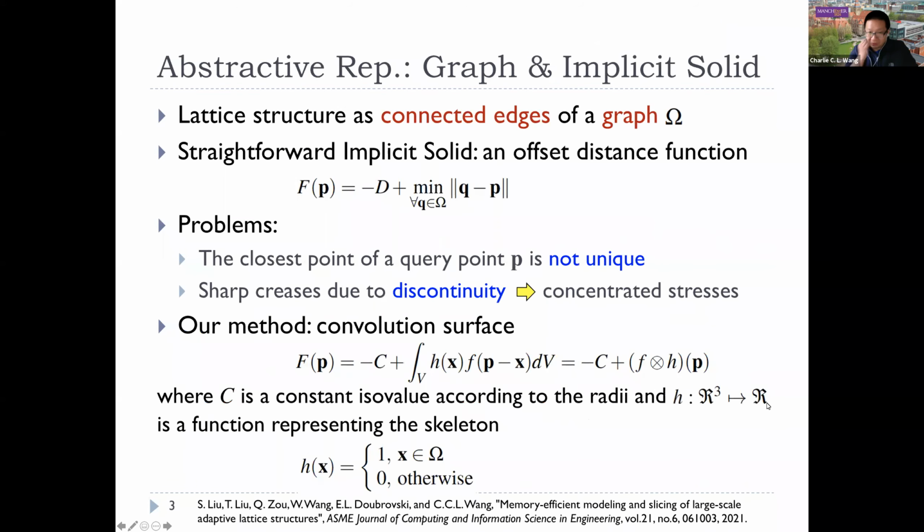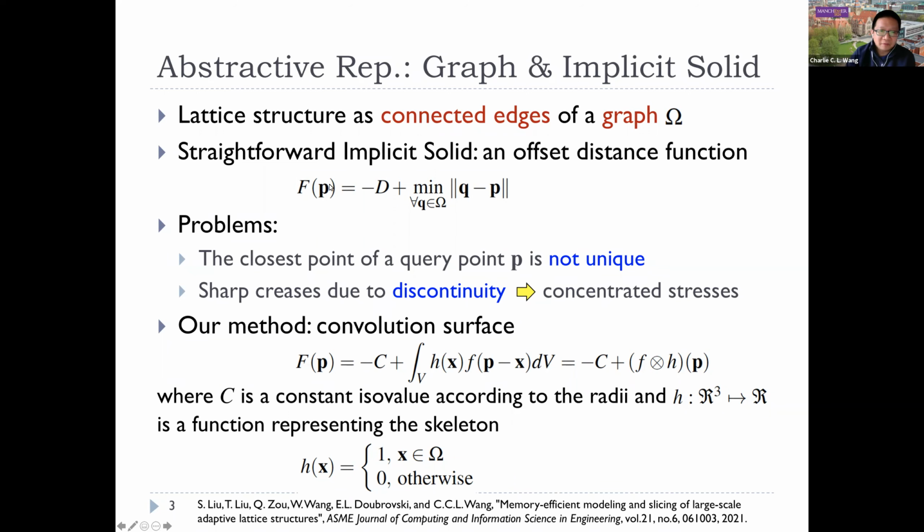To tackle this problem, in this piece of work, we use an abstract representation, a graph-based representation, to represent the lattice structures as connected edges of a graph. You may have a very straightforward implicit solution, which is an offset distance function of those connected edges.